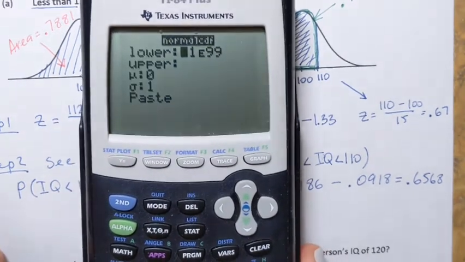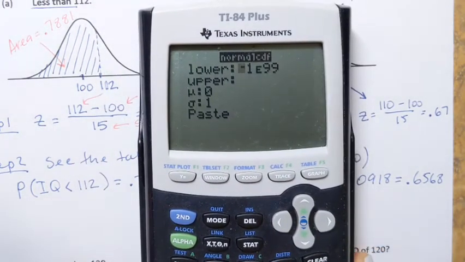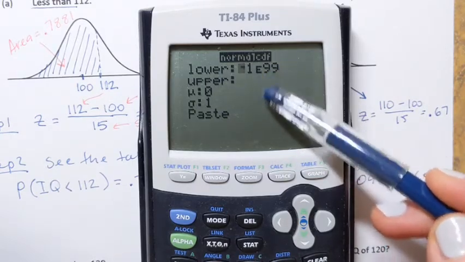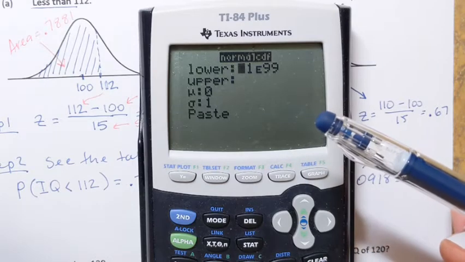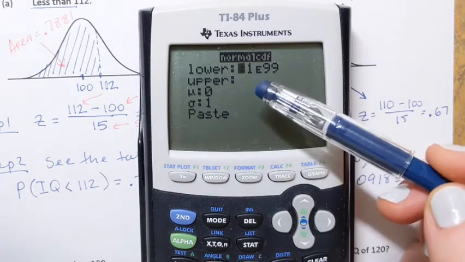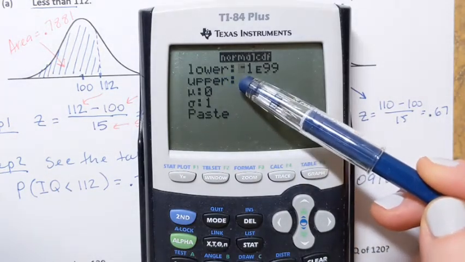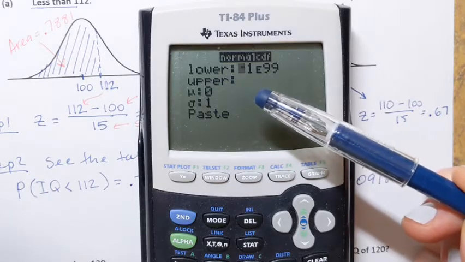If you have a TI-84 Plus, it's going to give you this kind of list that you have to fill out, and based on that, it's going to calculate the probability. So what is it asking? It's asking for the lower boundary and the upper boundary of the region for which you need to find the area.